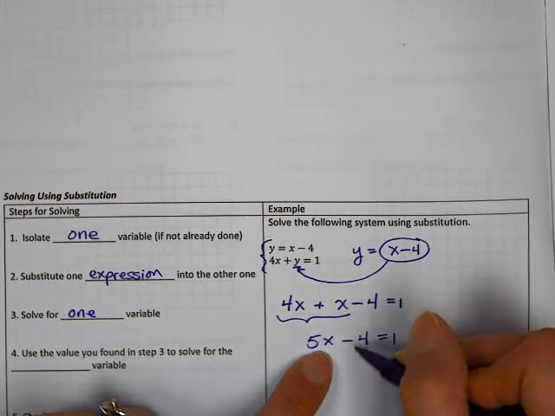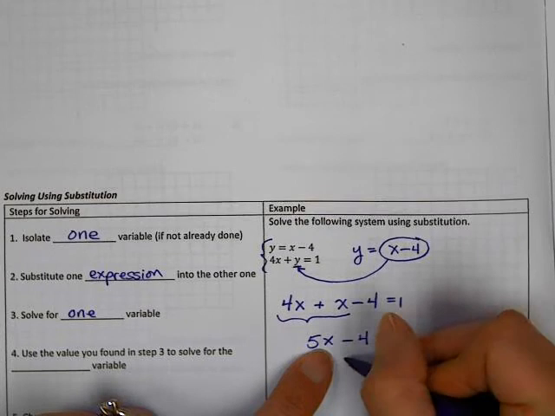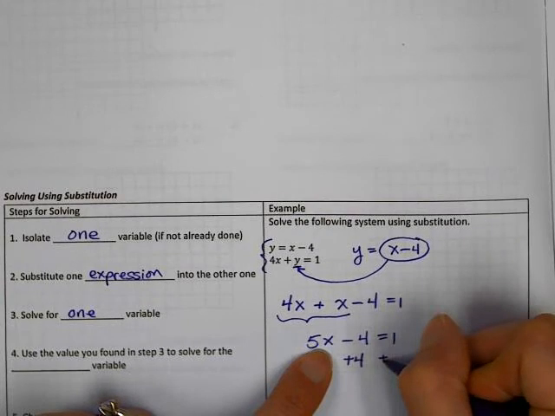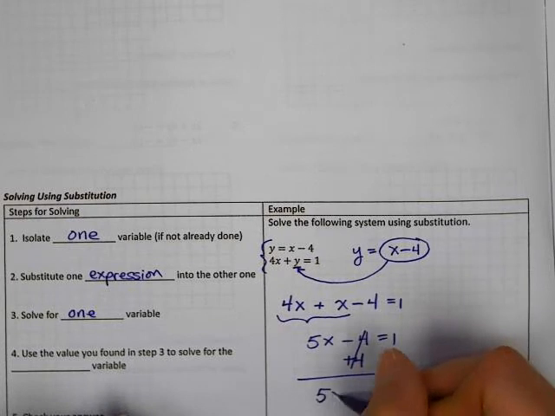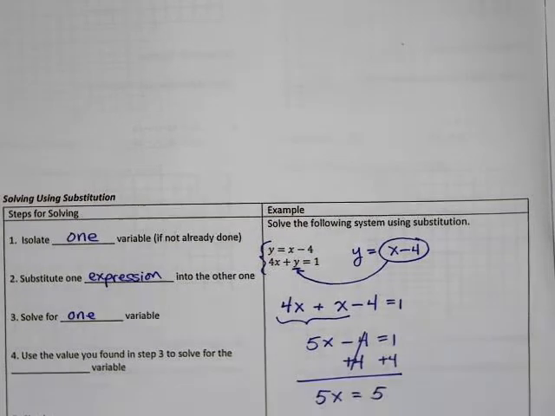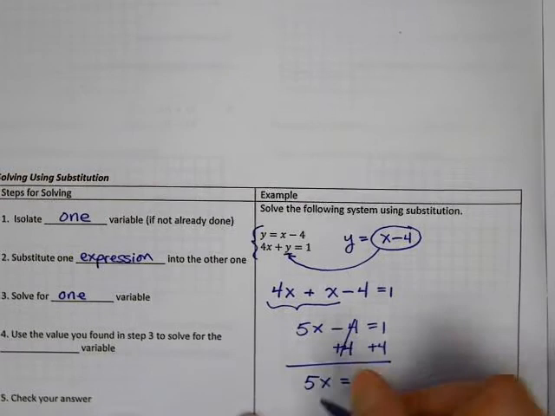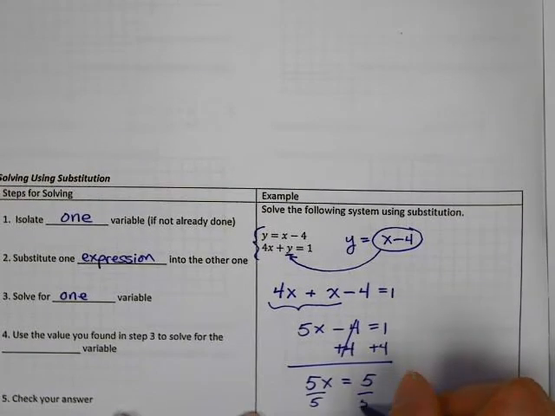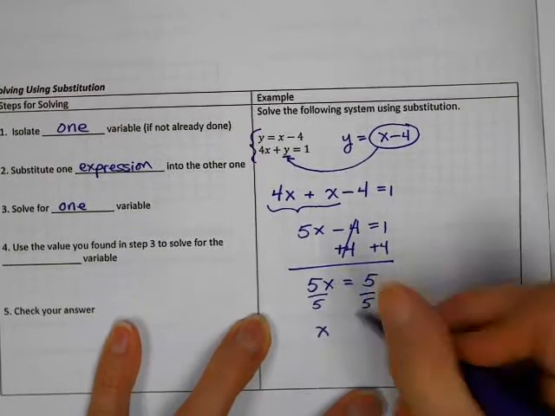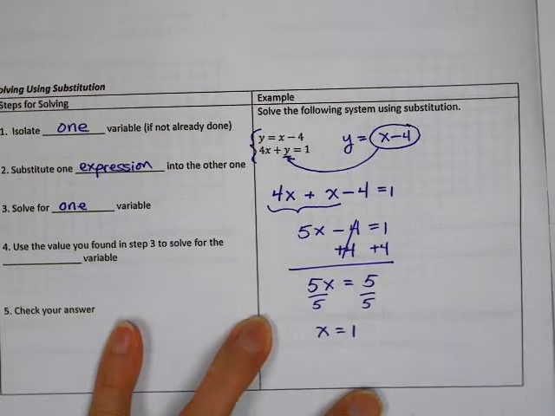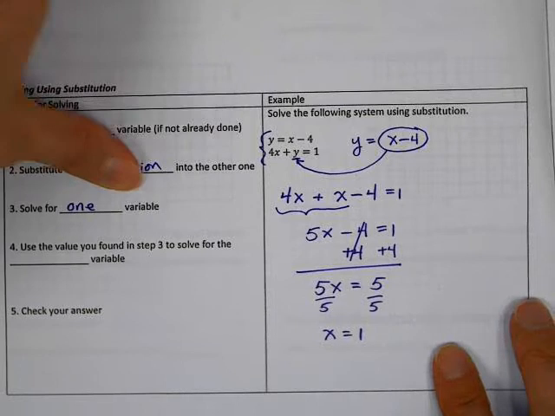So the first step would be to add or subtract the numbers. Let's add 4 to both sides. Now we have 5x equals 5. We're almost there. All we have to do is divide both sides by 5, and x equals 1.